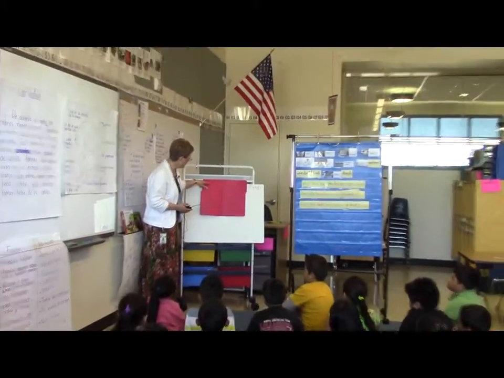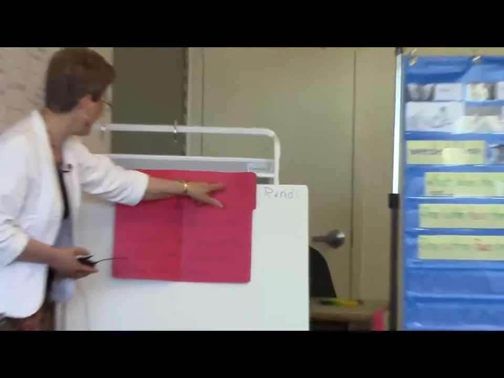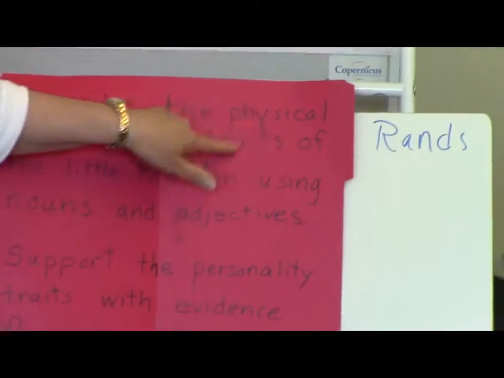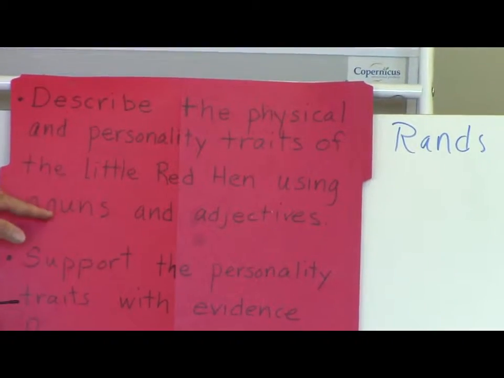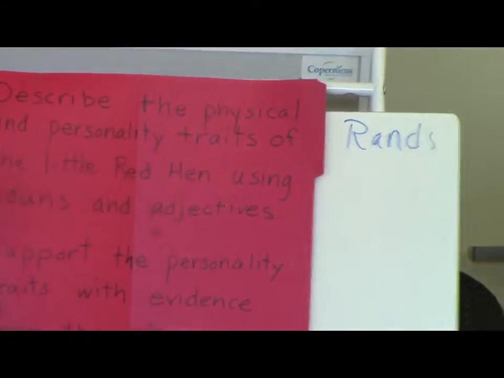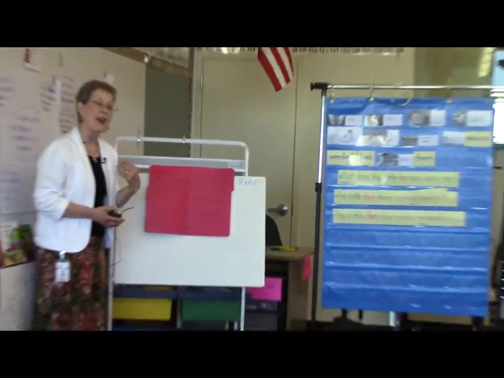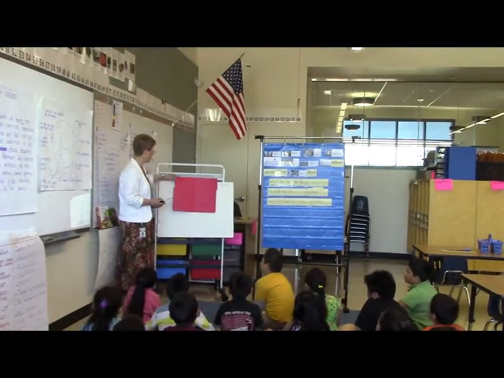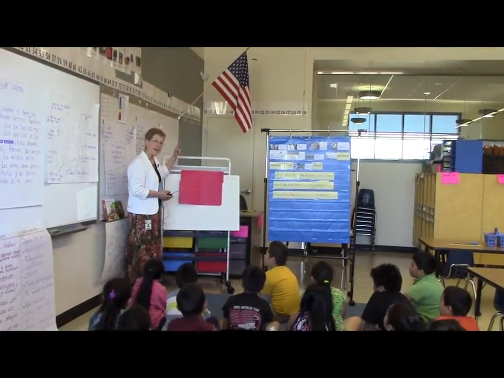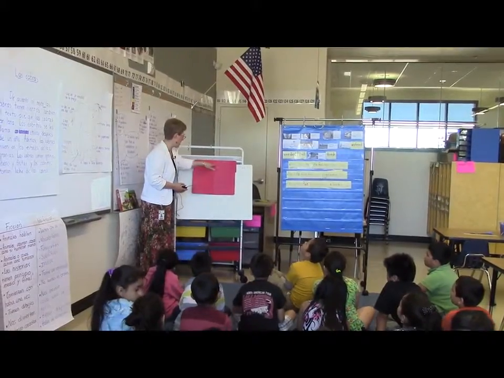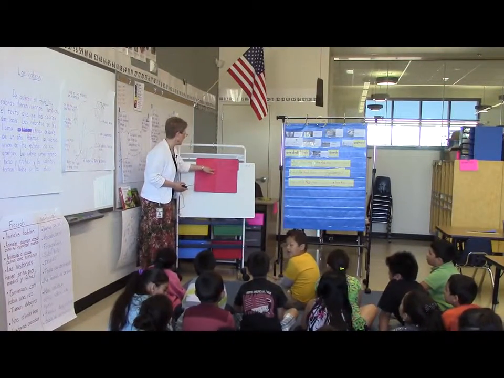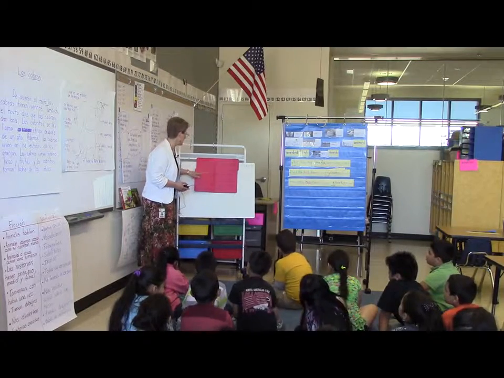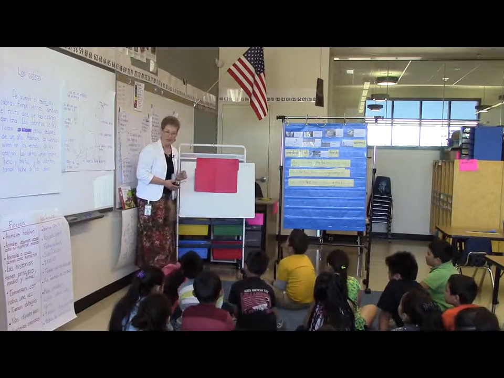Here we go. Describe the physical traits of the Little Red Hen using nouns and adjectives. Well, now you've already done it, so this time you can say, I can. So let's try it again. I can describe the physical traits of the Little Red Hen using nouns and adjectives.